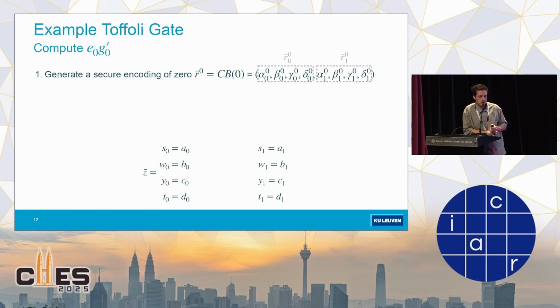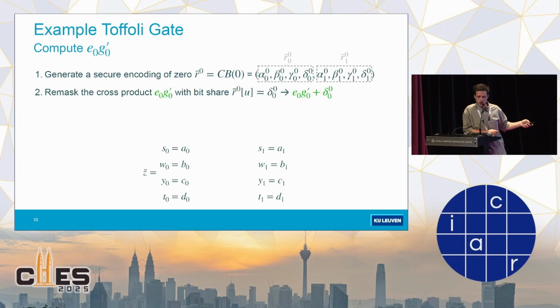First you generate a secure encoding of 0, so you call this code-based zero gadget. It gives you some sharing of a value 0. We call them alpha, beta, gamma, delta. At the moment, the output is just the shares of the first input, so A, B, C, D, right?